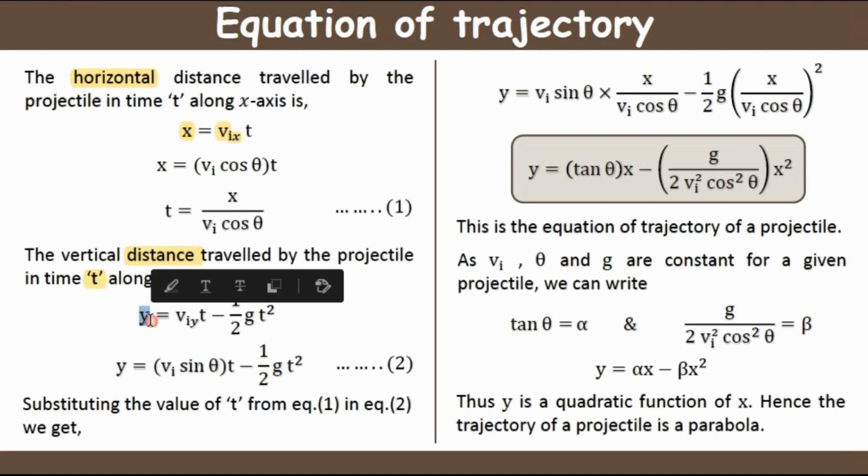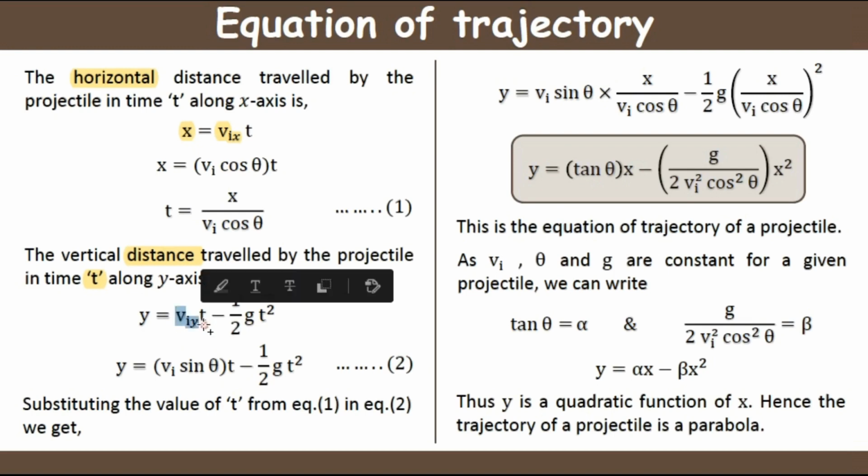Here the s is going to be the distance traveled in the y, so it's been taken as y instead of the s, and Viy into t, which is the initial velocity in the y-axis into time, minus half gt squared. The object is moving upward, so the acceleration due to gravity acting on that must be negative. That is why there is a minus sign over here.